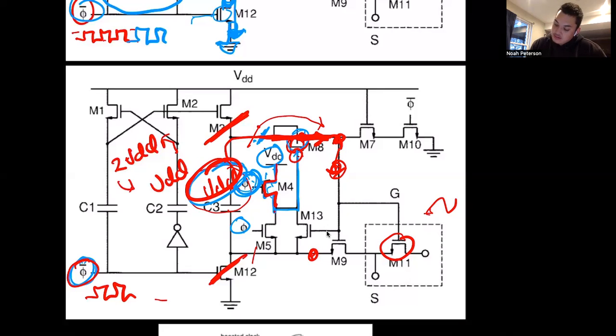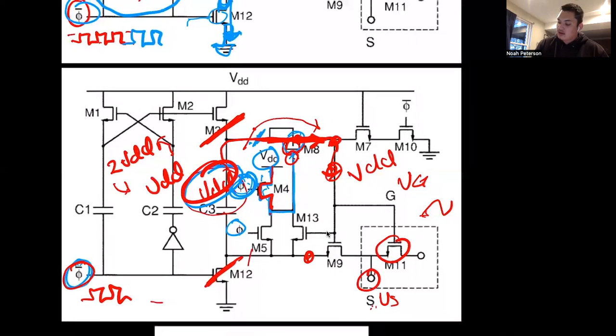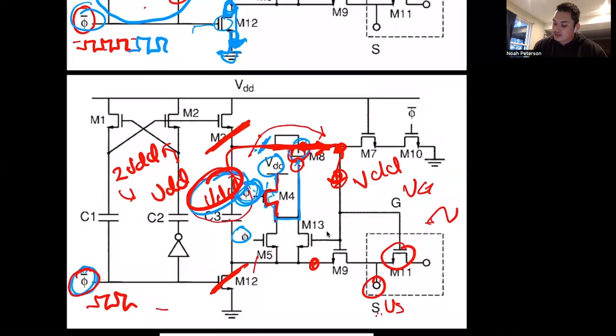And that allows a constant VDD between VG and VS, where VS is your sampling signal and VG is your voltage at your gate. So that means that VDD will equal VGS, a constant voltage between your gate and your source.